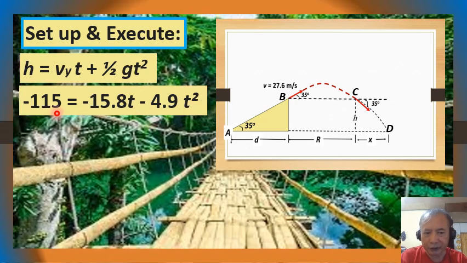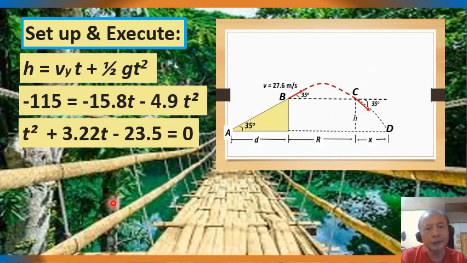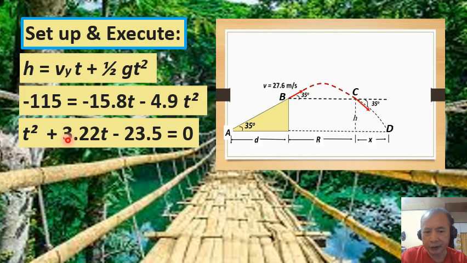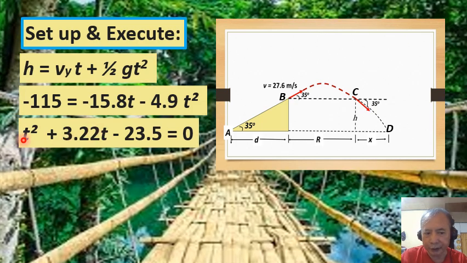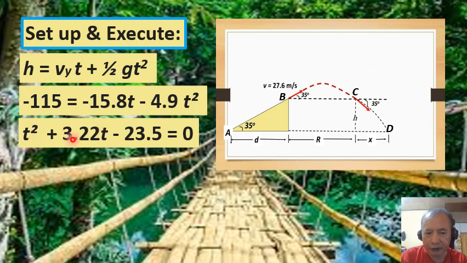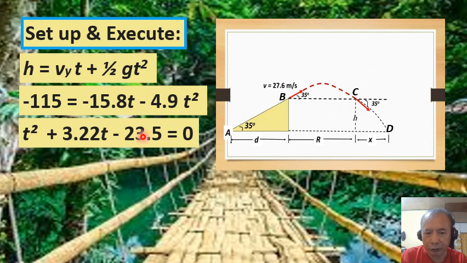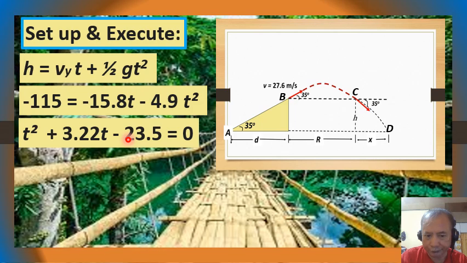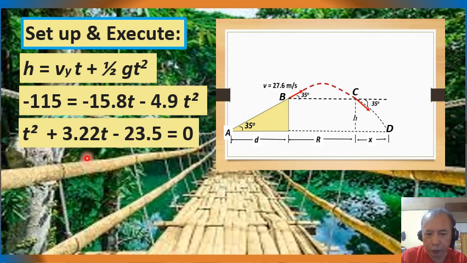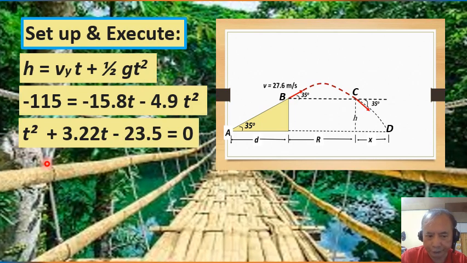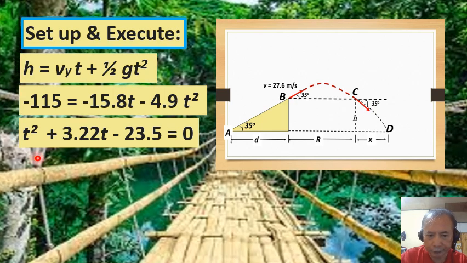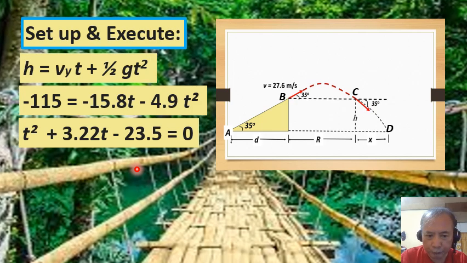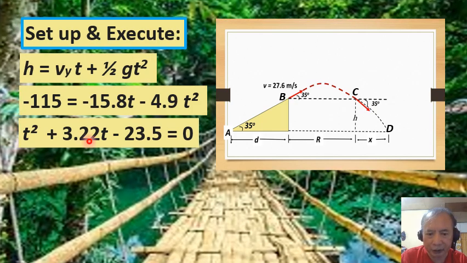So simplifying this equation, we will come up with a quadratic equation written in standard form. That is t squared plus 3.22t minus 23.5 equals 0, right? And if you're going to apply your quadratic formula, we will be able to arrive at the more appropriate value for the time t.